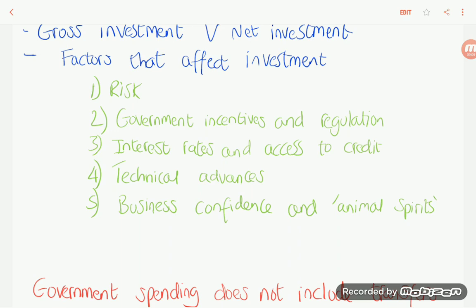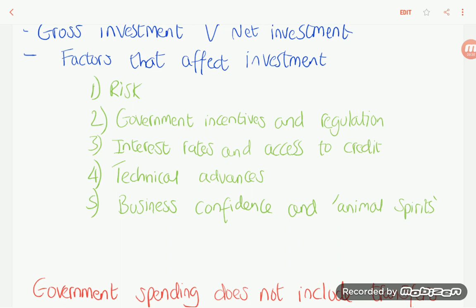Finally, business confidence and animal spirits. The more confident a business is in its ability to make profits, the more money it's likely to invest. This is because demand for exports is high, but business confidence depends partly on the general optimism or pessimism of the company's managers.